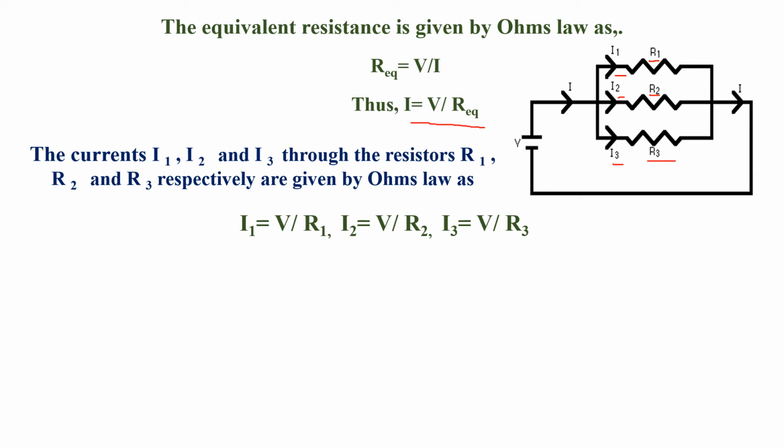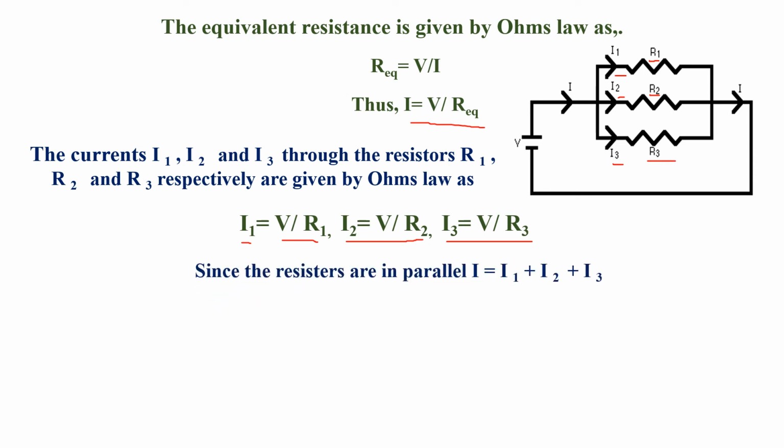What is Req? We learned earlier, R1 plus R2 plus R3 is equal to Req. Right? So, here I is equal to V by Req. So, I1 is V by R1, I2 is V by R2, I3 is V by R3. We did it that way earlier too. So, same way here. Okay.